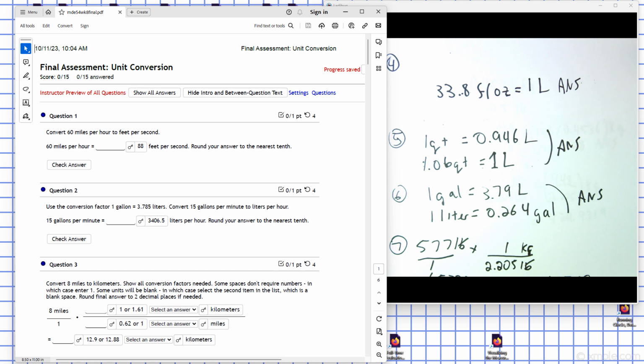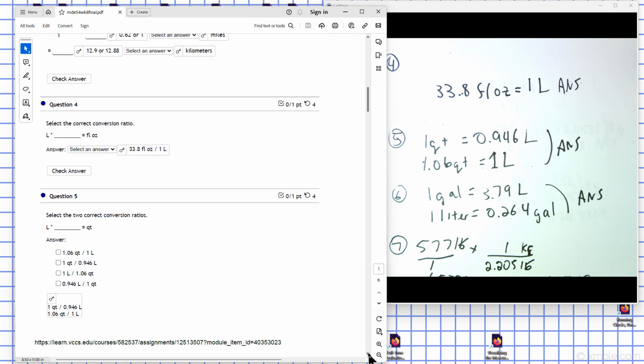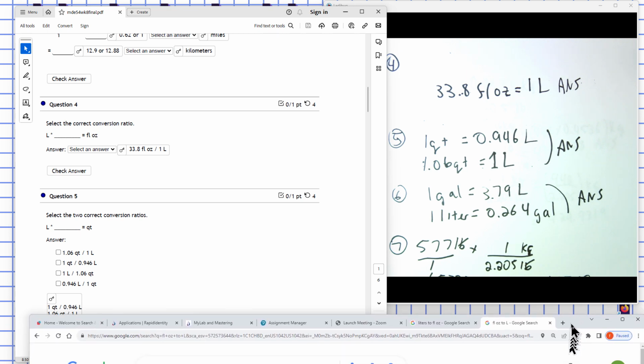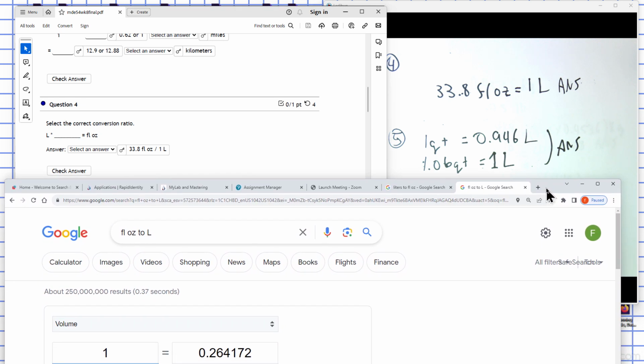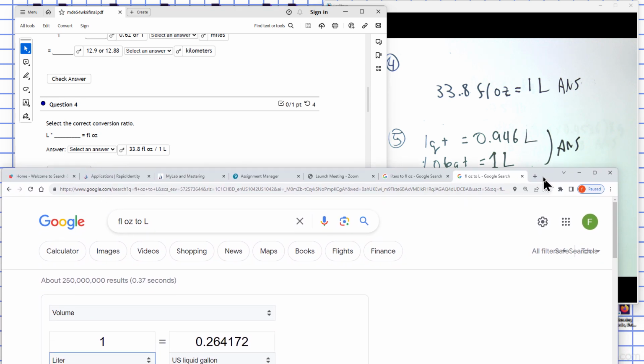Number 4, there's number 4. Select the correct conversion ratio, liters to fluid ounces. Okay.